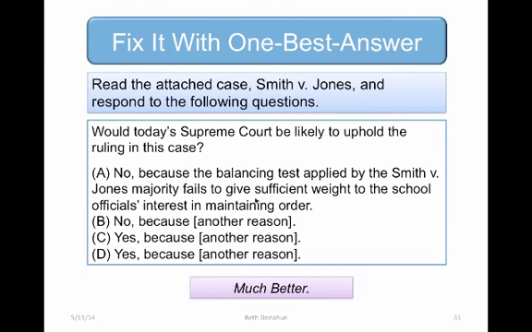That last one, you can imagine handing out the Smith versus Jones case, a series of questions about it, one of which could be, would today's... It's going to be a much more straightforward way to ask the question in the one best answer format, where if you read it aloud, an expert is going to be able to follow you, understand what you're saying, and likely answer the question first time out.